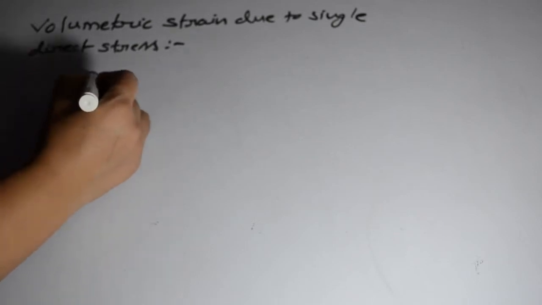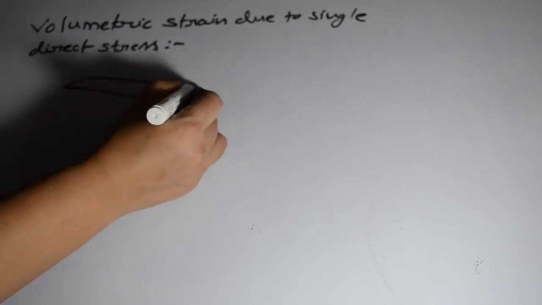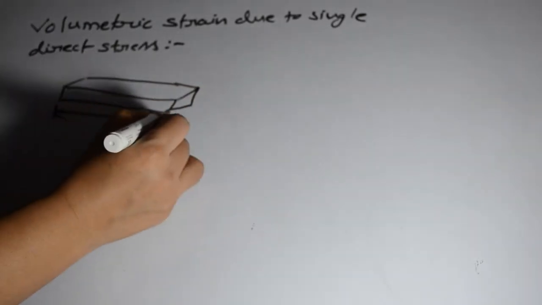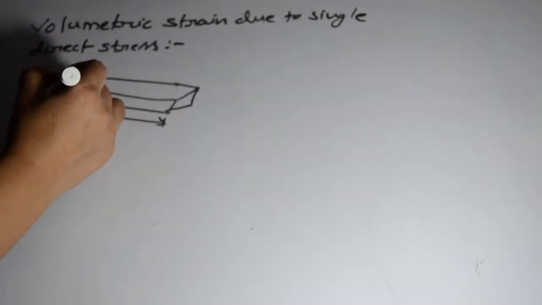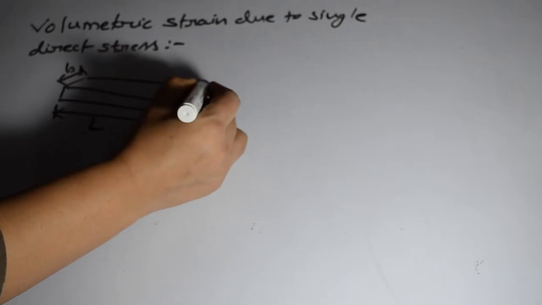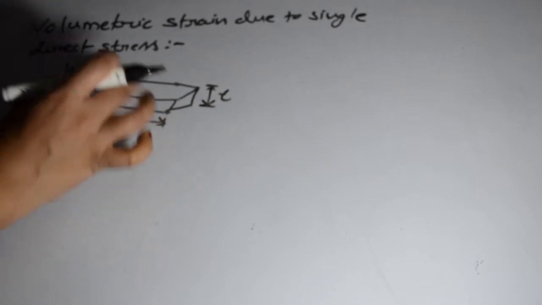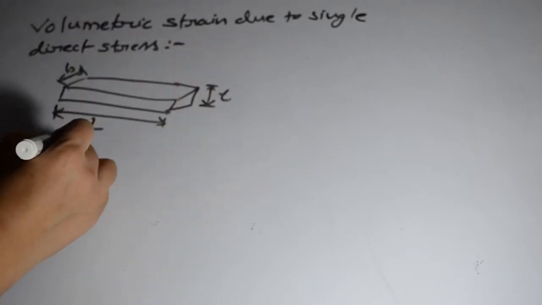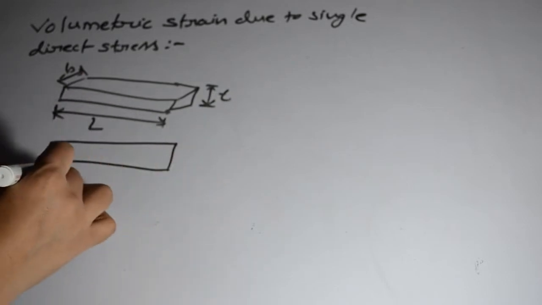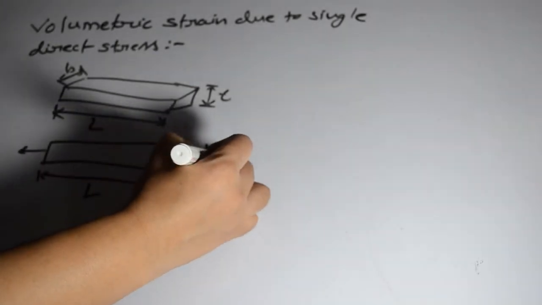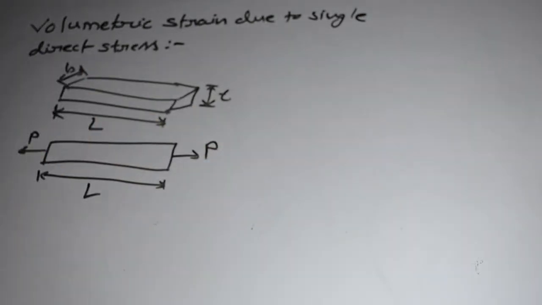So here I am considering a longitudinal bar which has length L, width B and thickness T, and this bar of length L is subjected to a tensile force P at both ends. This force is tensile in nature.